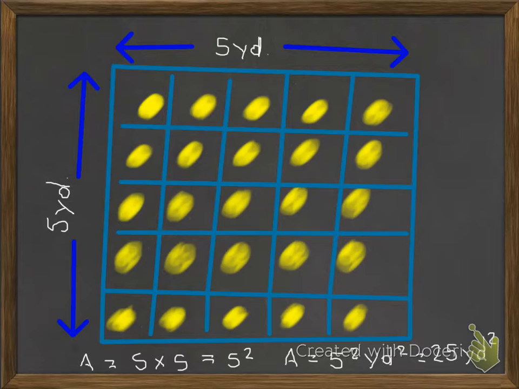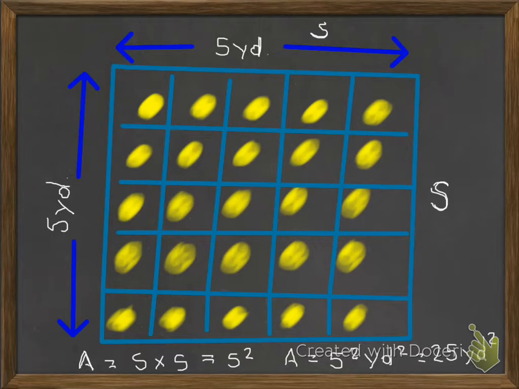The formula would be, if we let one side be represented by S, so if we go side times side, S times S, we get S squared. Because remember, the exponent tells us how many times the base is a repeated factor.